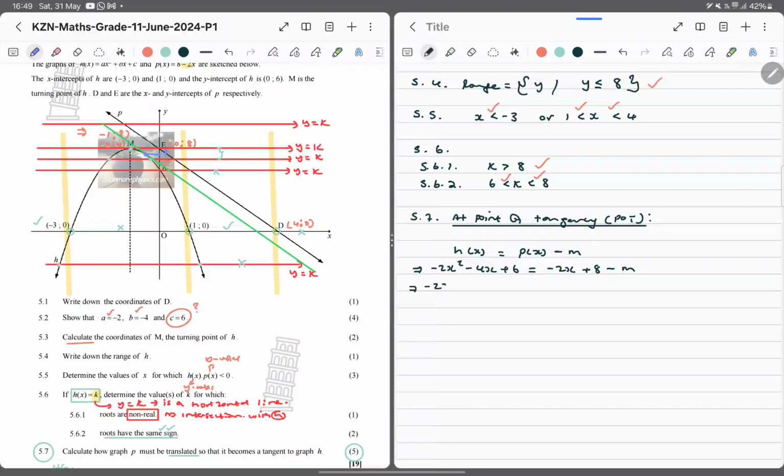We write this in standard format: we transpose, we get minus 2x squared minus 2x plus m equal to 0.